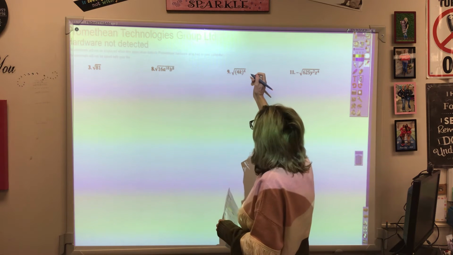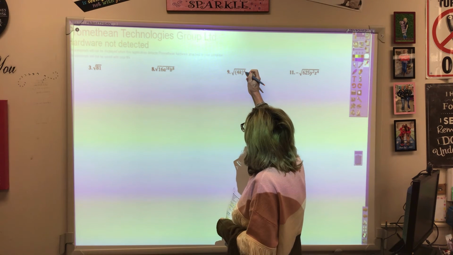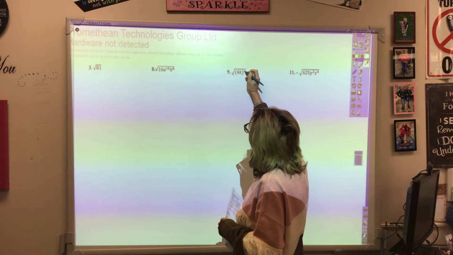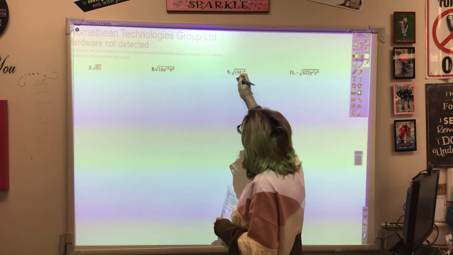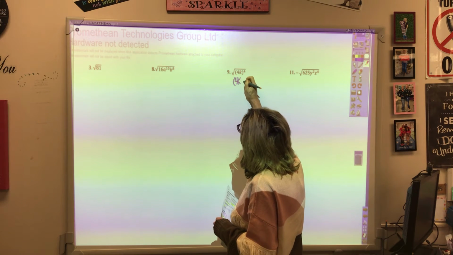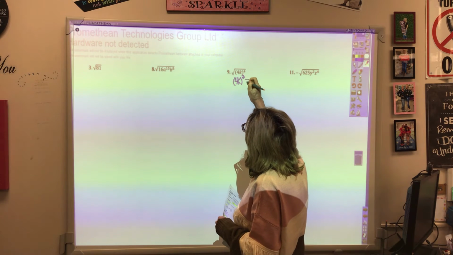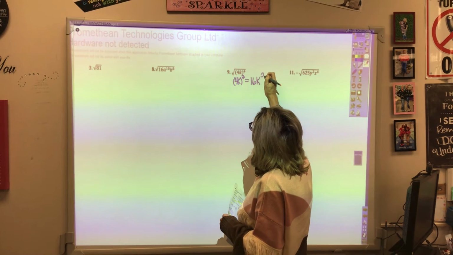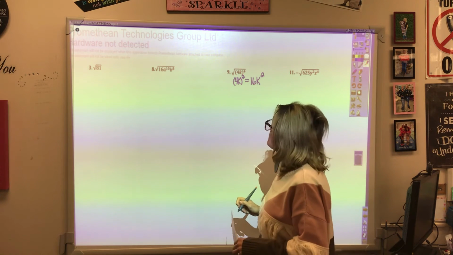On this one, since this is all raised to the 4th power, when we divide 4 by 2, we get 2. So what we actually have is 4k squared, which is 16k squared. Now, that may be confusing.